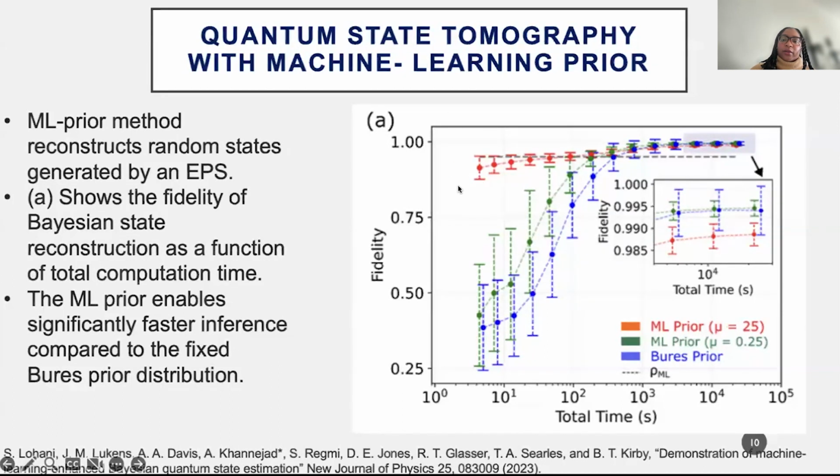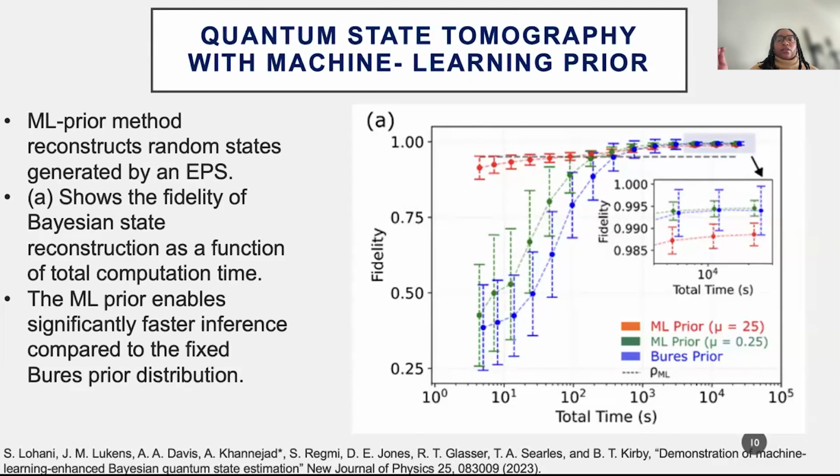The red outperforms the BRS prior for short time scales, but the BRS prior reaches a higher peak fidelity with longer computation times. You may be asking why, since we suspected machine learning to outperform the standard, which is the BRS prior in this case.